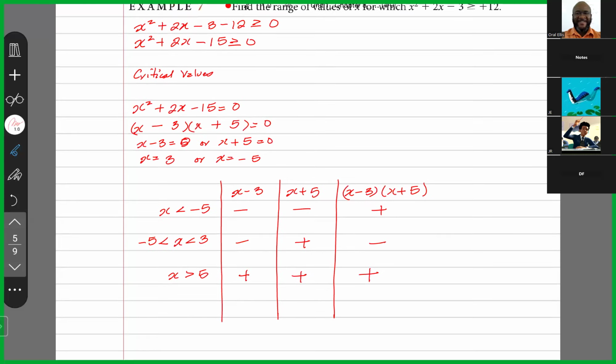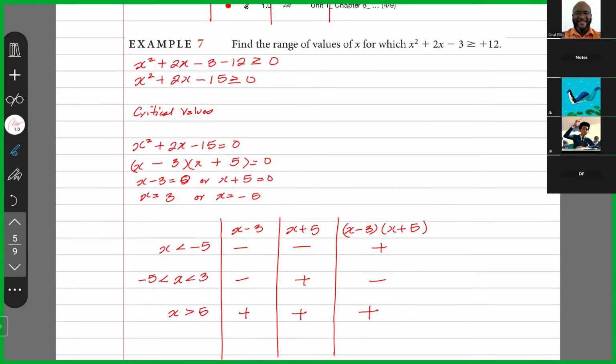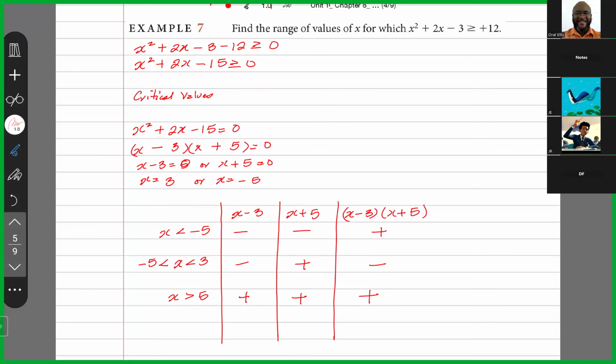And what we want are values of x for which it is greater than or equal to 0. So the values of x for which something is greater than or equal to 0 are the values of x for which the thing is positive.